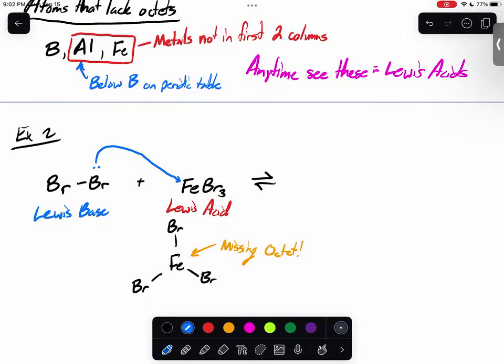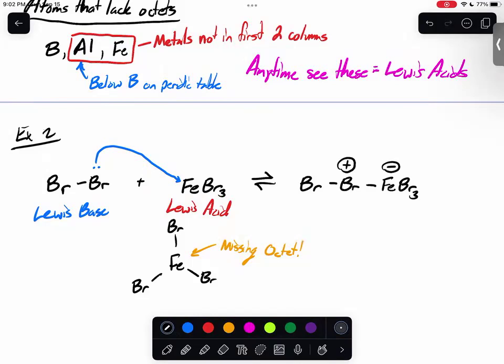And that's going to give us a complex where now the bromine has a new bond connected to it and the iron. And now the iron also has a new bond. And just like we saw up top with the boron, we're going to now have two charges, where now the bromine has lost some of its electrons by making a bond, so it's positively charged, and the iron has gained electrons, so it's negatively charged.